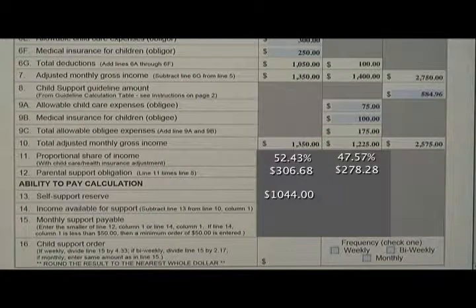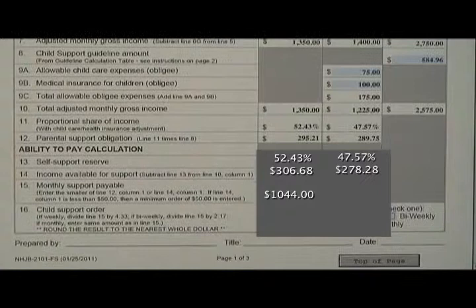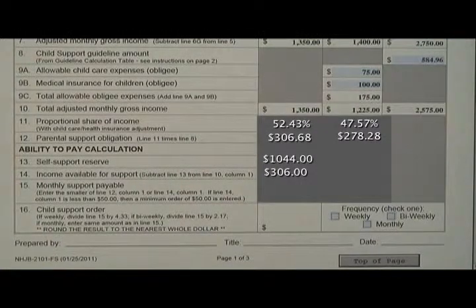So to determine if John, the obligor, can pay this amount of money to Jane, we take his total adjusted gross monthly income, which is line 10, and we subtract the self-support reserve, which is line 13, $1,044. When we subtract this, we get the income available for support, which is line 14, which would be $306.